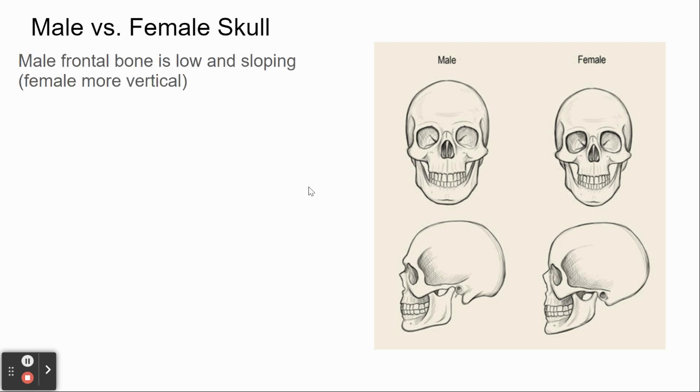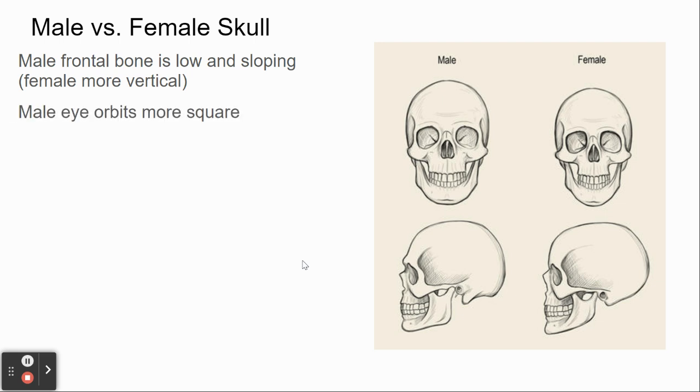With males, from the side profile, you get a more sloped forehead, and a more vertical forehead on females. Why that is, I don't specifically know, but the general shape of the cranium is a little different there, and so that's one of them.